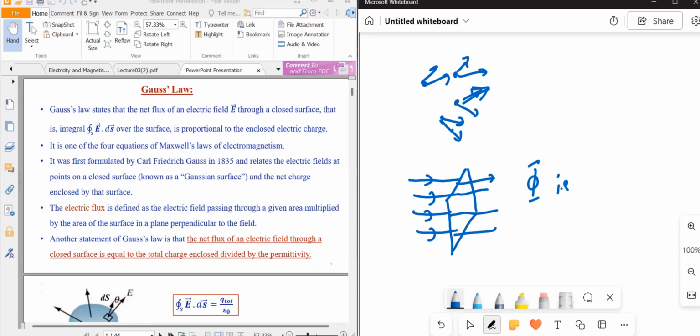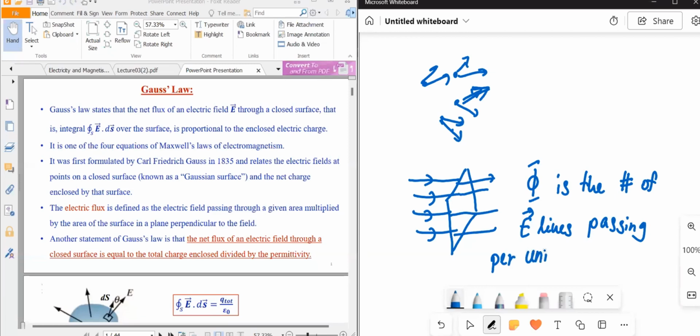So psi is the number of electric field lines passing per unit area perpendicular to the considered area.